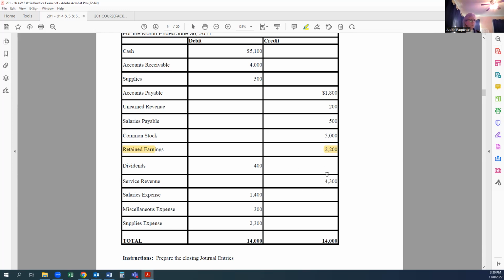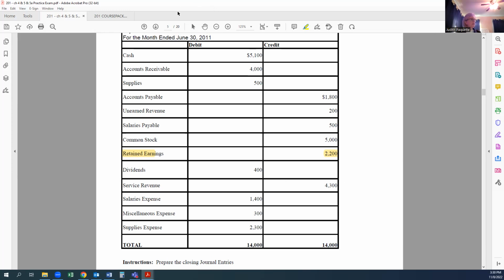So this is their normal balance. And this is June 30th, and we're saying we want to close this out. This is their normal balance, $4,300 credit for service revenue. If the end of the year is June 30th, we've got to get rid of all the revenue, expense, and dividend accounts, because when a company creates statements, they first do the income statement, then the retained earnings statement, and then the balance sheet.